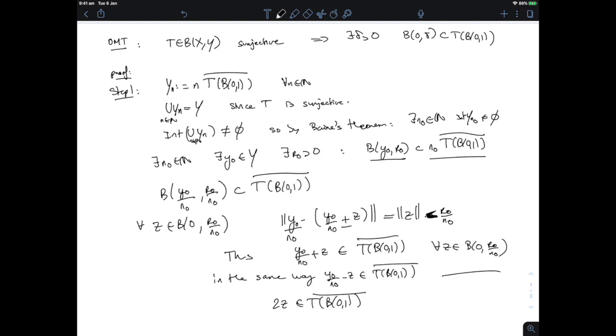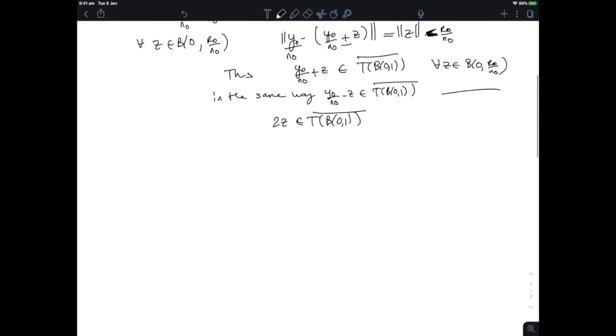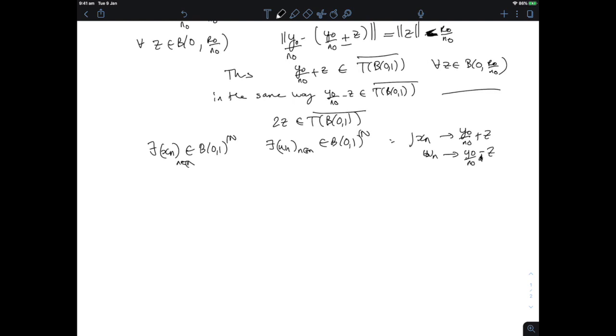Right, but now what else can I do? What it means to be in this closure is that there exists an x_n in B(0,1) and there exists an omega_n in that same ball, such that T of x_n tends to y_0 over n_0 plus z, and T of omega_n tends to y_0 over n_0 minus z, right?